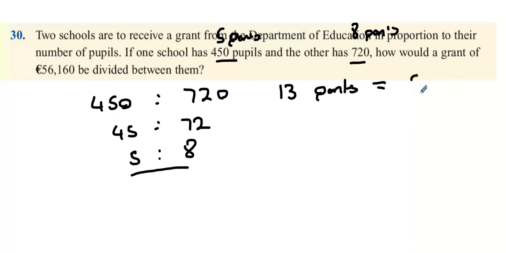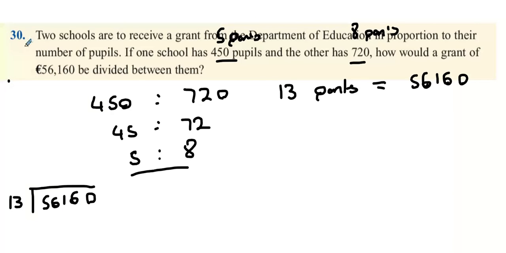So 13 parts equals 56,160. Well, we're going to have to divide that number by 13 to see what goes into it. I'll make a list of 13 for you on the side: 13, 26, 39, 52, 65, 78, 91, 104.